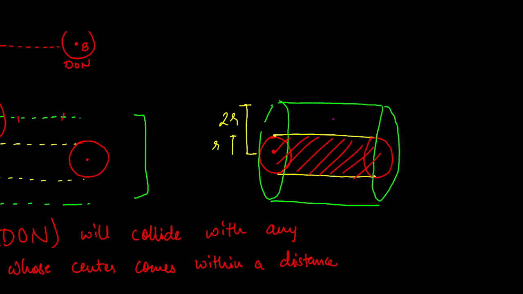You see, what would happen if you consider others to be moving? So let me give you a simple example. Let's say Dawn starts from this point A and Dawn is moving in this direction. At that time, some other molecule, let's draw it in another color, is here, but that molecule is moving in this direction.